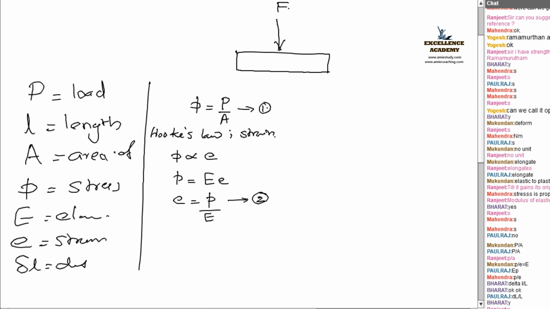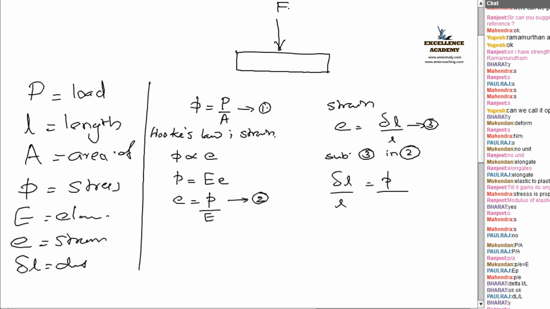Okay. Next, I am going to express the strain equation. Strain e equals delta L by L. This is equation number 3. Substituting 3 in 2, what do you get? Delta L by L equals p by E. This is equation number 4.